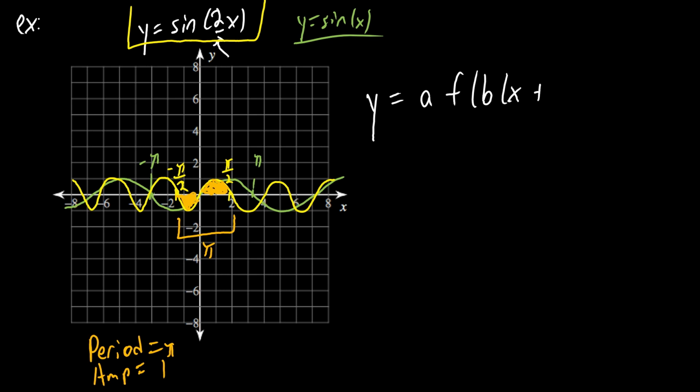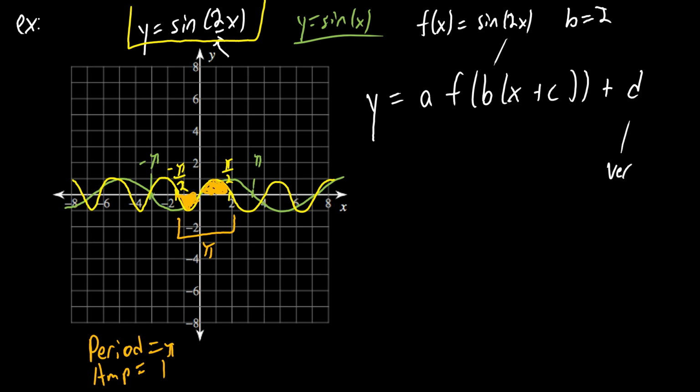So let me just write this out real quick. In this case, our f of x was just sine 2x. So our b in this case was 2. So that's where that 2 is coming from. But let's define what each of these numbers do.